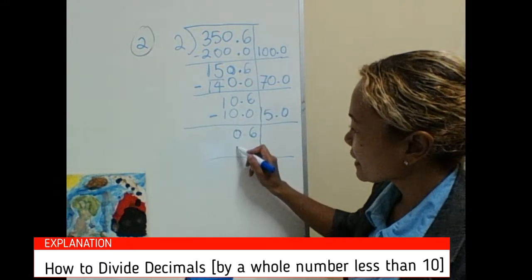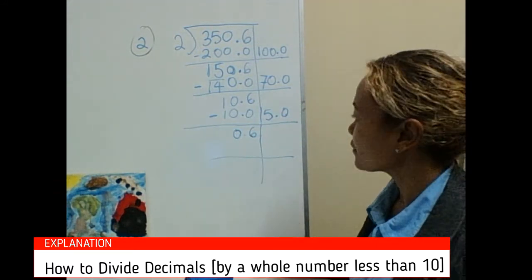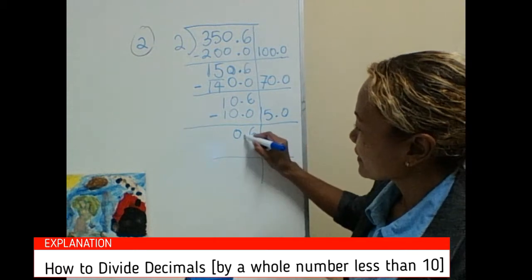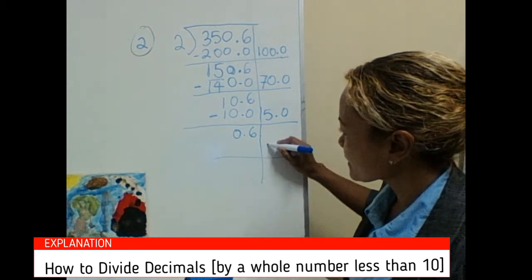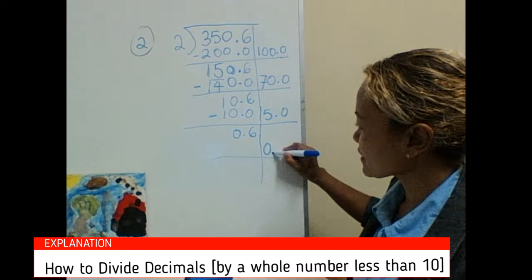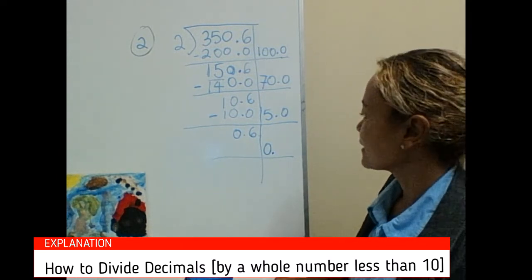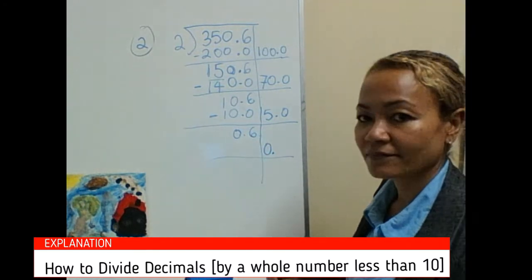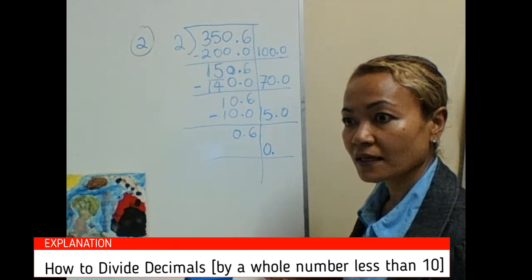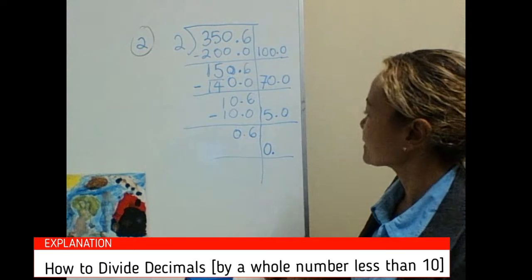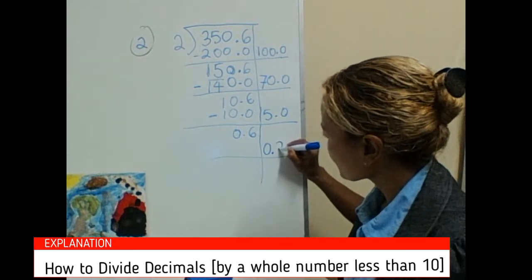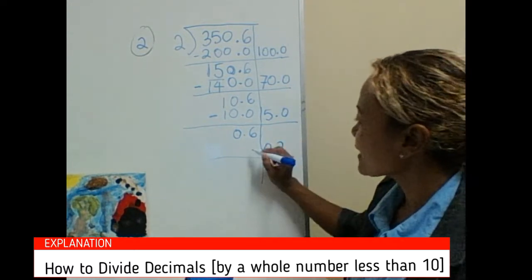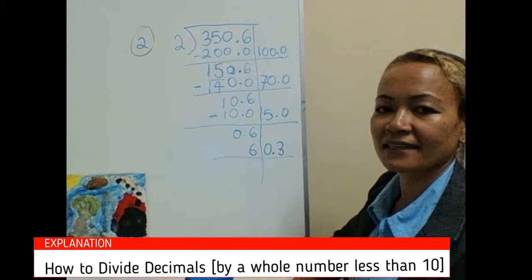So 2 into 0 can't go, obviously. As you cross the decimal point here, you also cross the decimal point. Does 2 go into 6? Yeah, 2 threes is 6, right? 2 threes are 6.